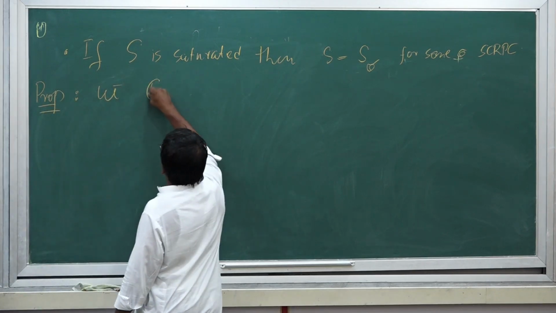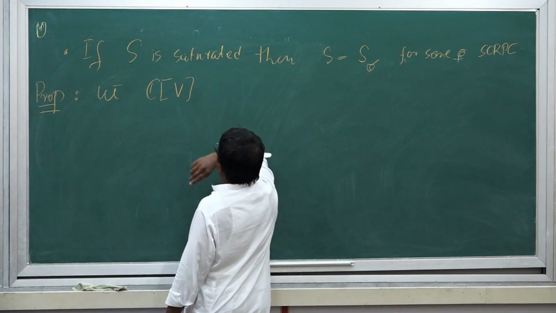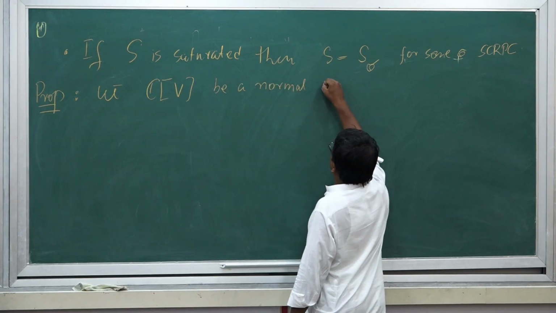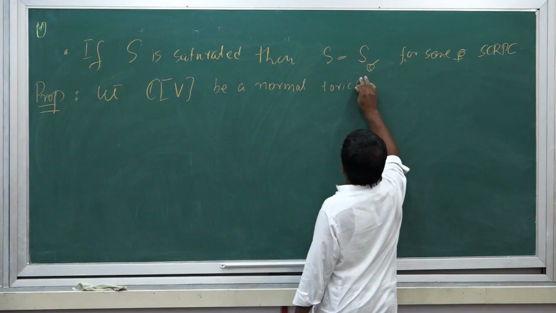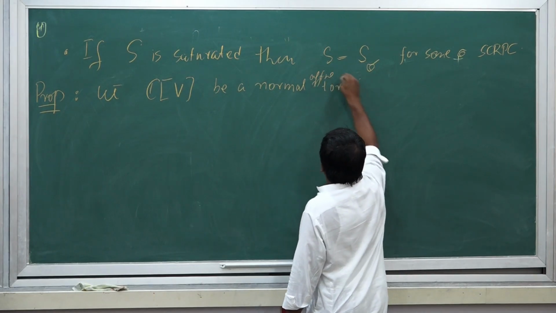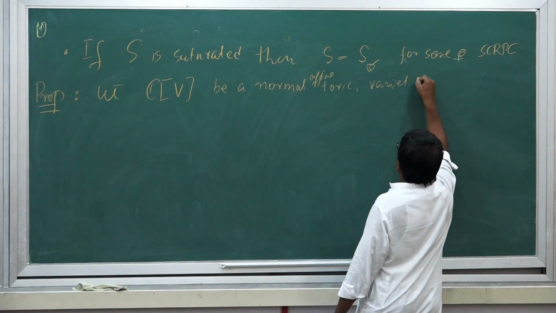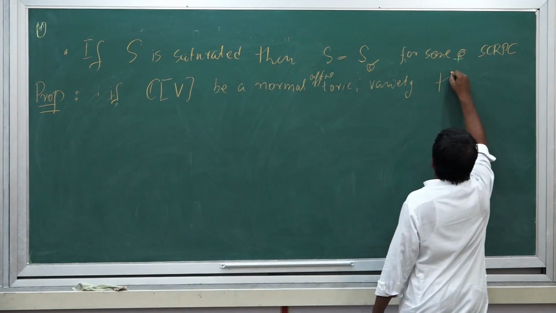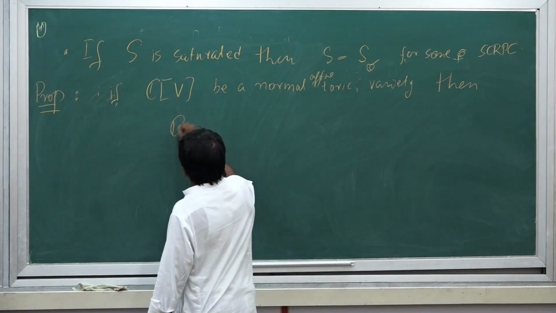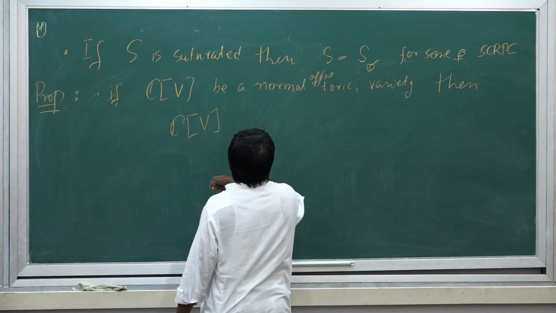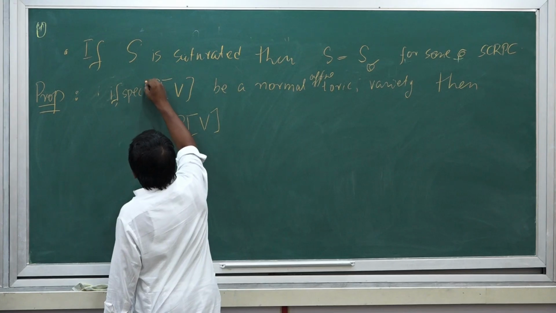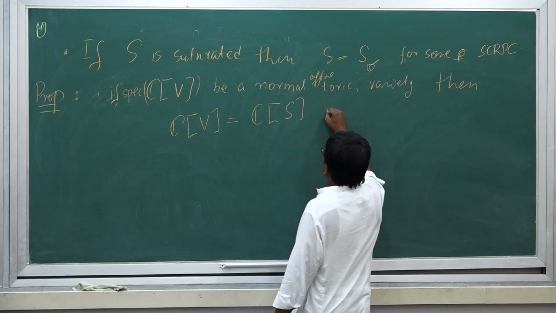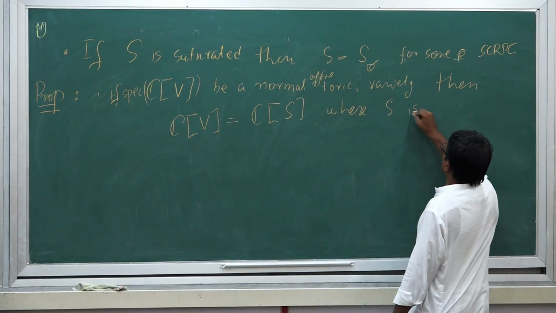If C of V is a normal affine toric variety, then Spec of this C of V can be written as some C of S, where S is saturated.